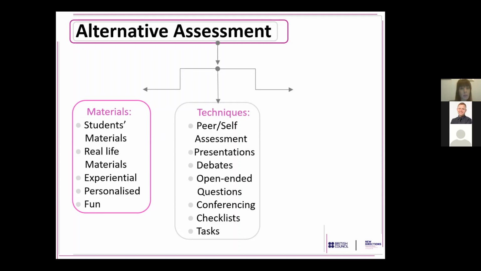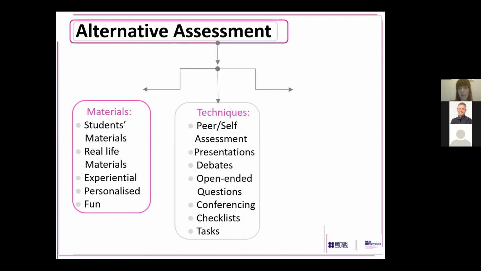But what I'm going to focus on today is the materials that we use when we assess our students. We can have students' materials or real-life ones, more experiential materials, or even materials with which students can have fun even at the time of assessment.